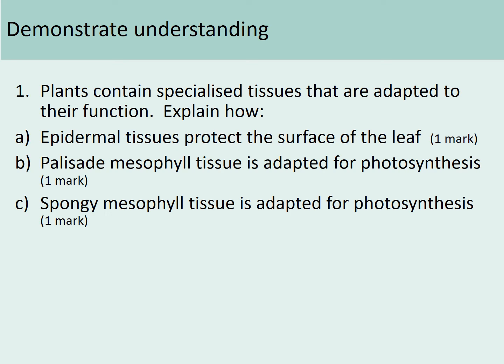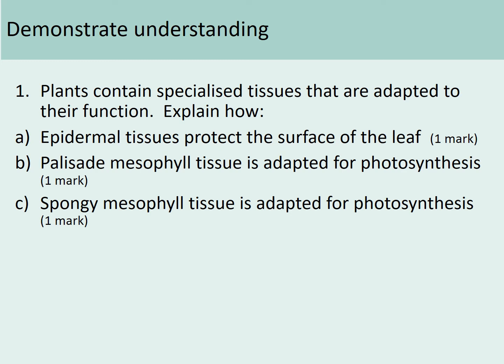Explain how. The first one is the epidermal tissues protect the surface of the leaf. Remember, the epidermal tissues is the top part and the bottom part. So how are they adapted for their function? You only need to put one point down, but there are several.